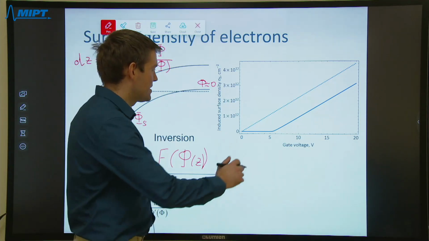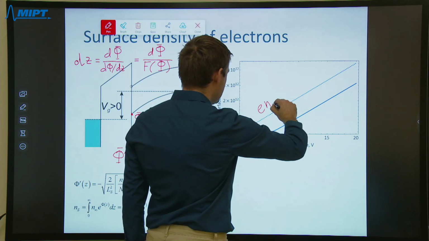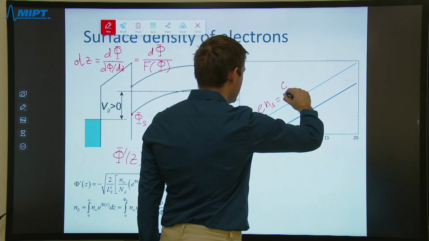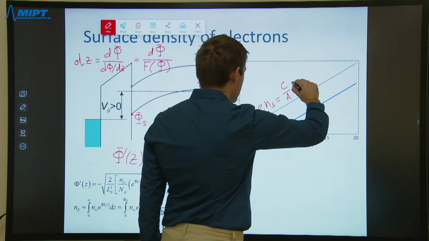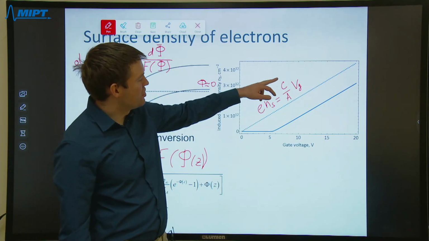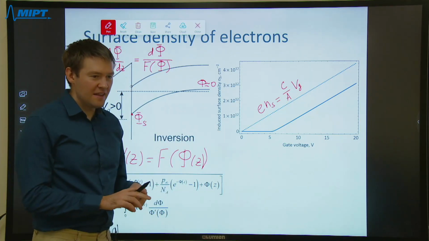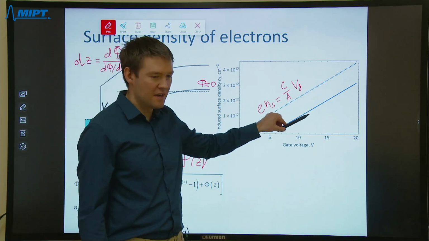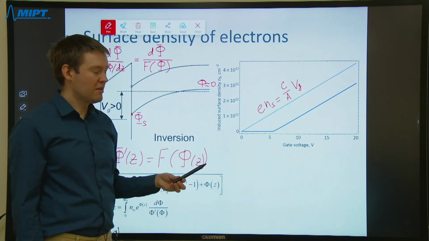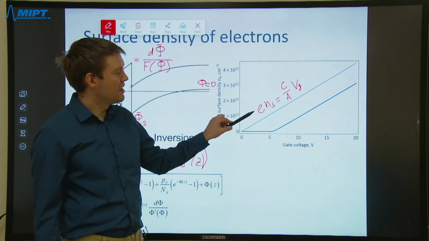Here, for comparison, I have plotted the dashed line, which is a simple law that we used previously in our approximate theory. It is the surface density proportional to the areal capacitance multiplied by the gate voltage. You see that the slopes of the curves are almost identical, but the only incorrect thing from our theory is the shift of the curve.